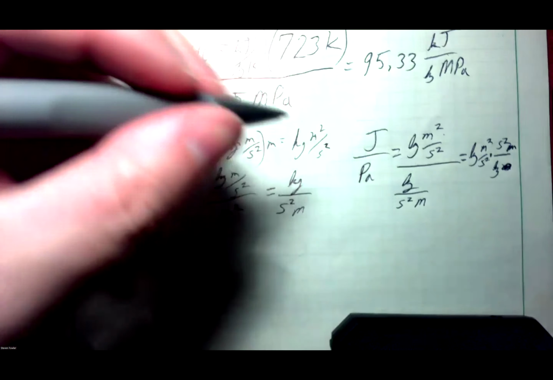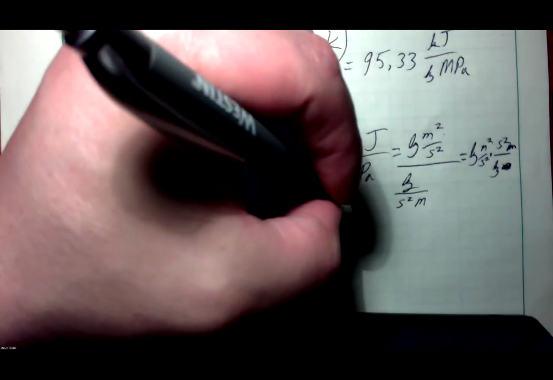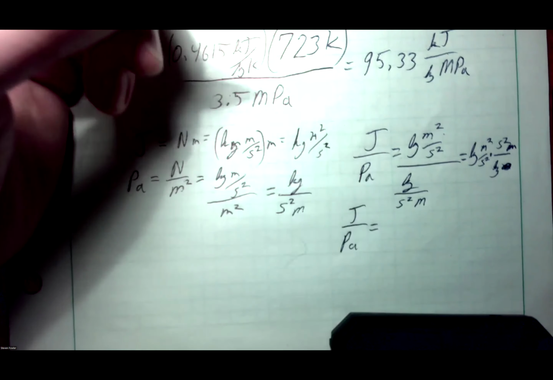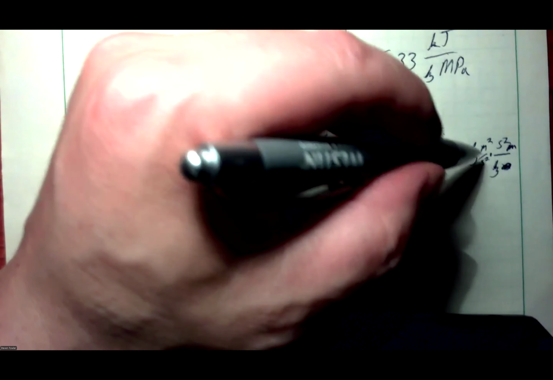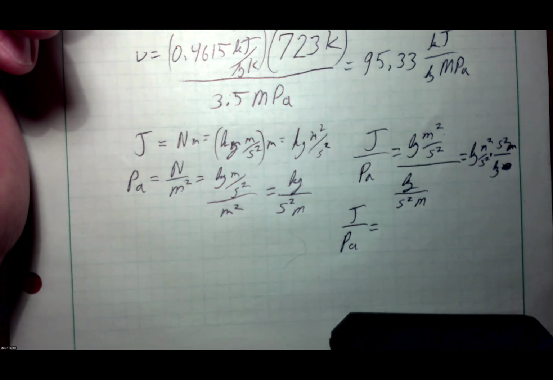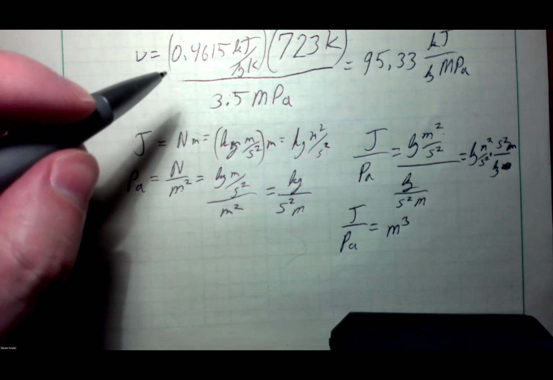Nope, meter goes on the top. Kilogram goes on the bottom. So what that tells me is a joule per Pascal becomes, the second squared goes away, the kilogram goes away. I'm just left with meters cubed. The joule per Pascal is just meters cubed.